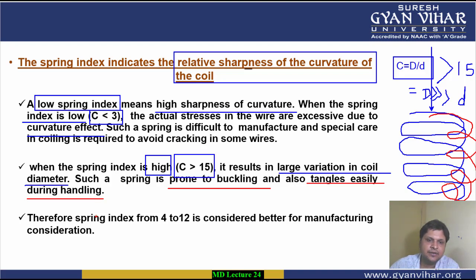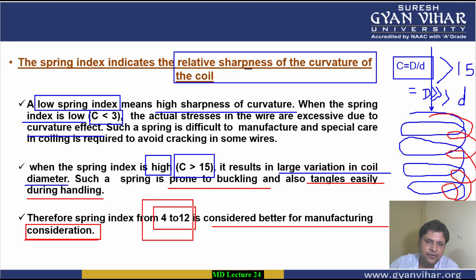Then the third case is if the spring index is neither smaller than 4 nor greater than 12, that is, if it is between 4 to 12, then it is considered better from the manufacturing point of view.